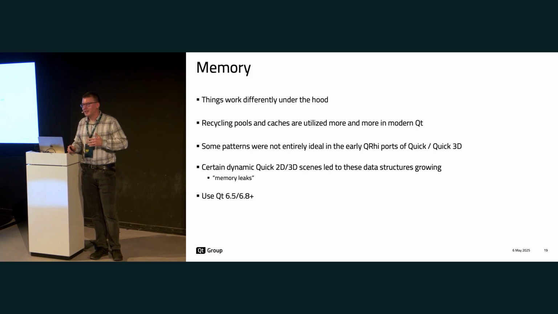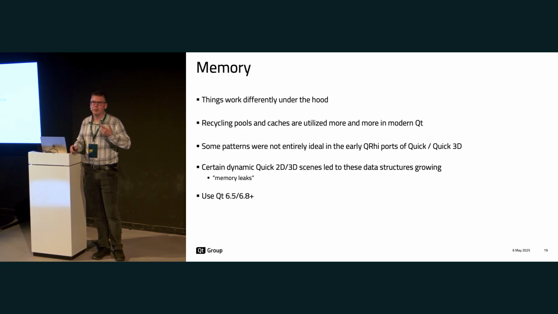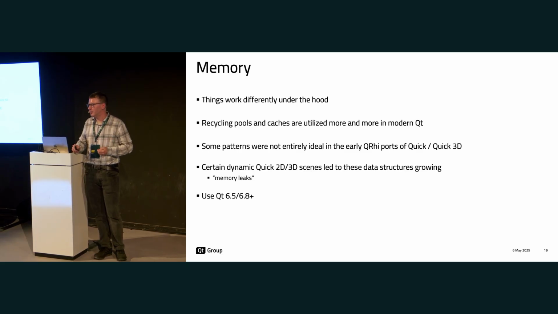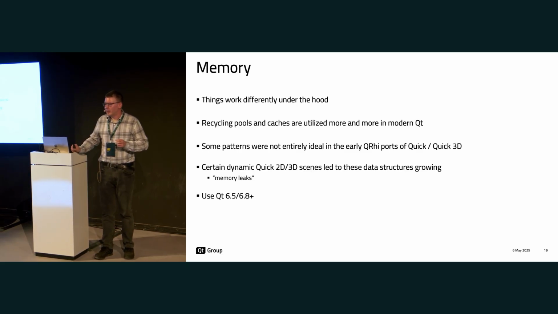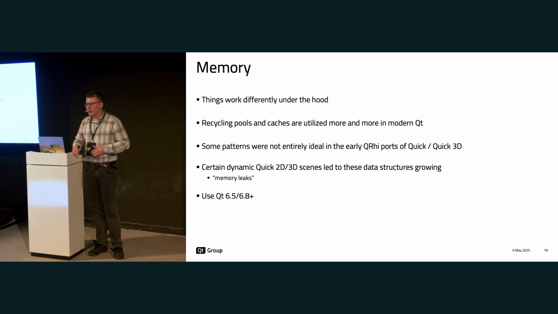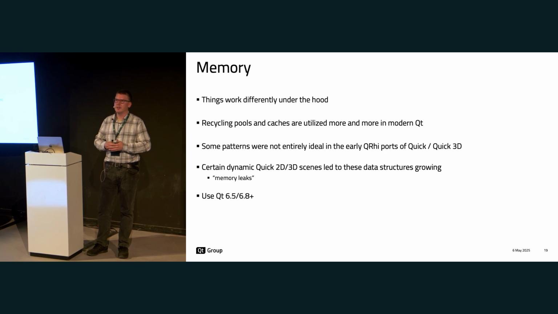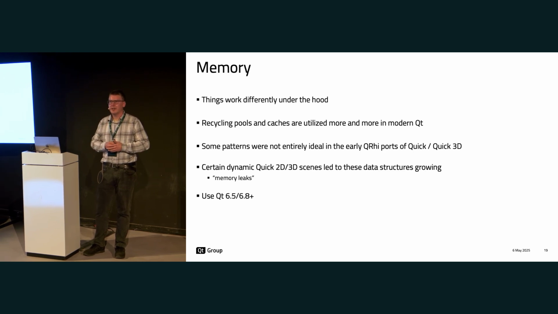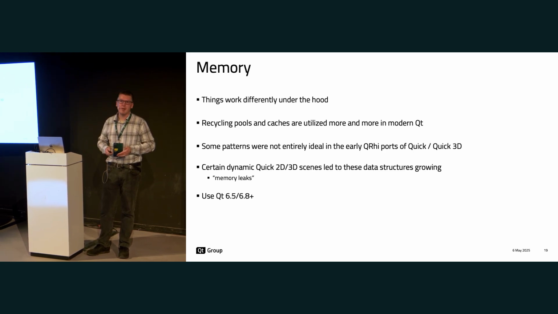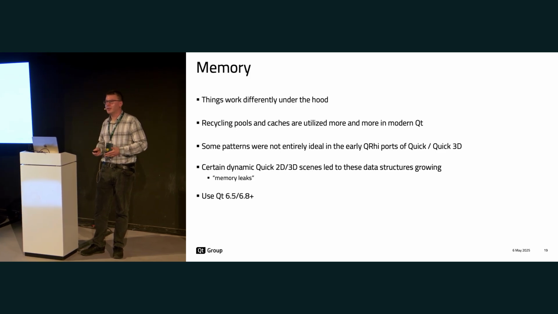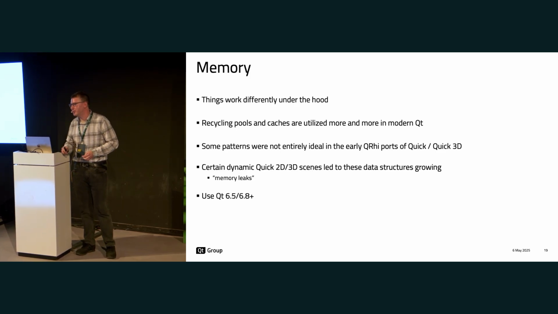On the other hand, there were cases in the early days, so Qt 6.0, 6.1, maybe the early 6.2 releases, where due to utilizing caches and trying to recycle graphics resources, say there's a change in the scene, maybe we have to rebatch things, and maybe now we have some unused vertex buffer. Well, we might want to keep it for later use.